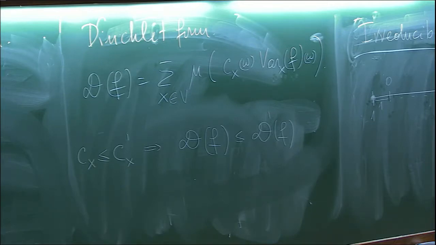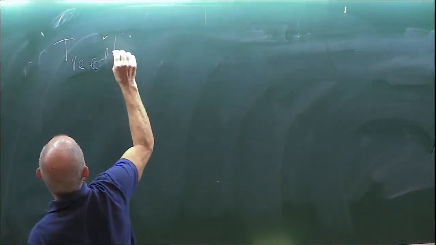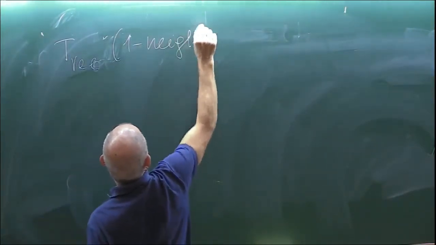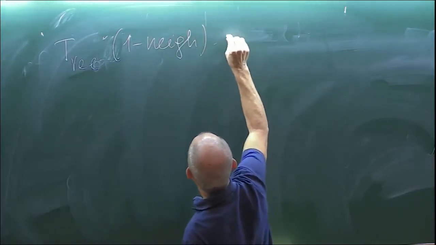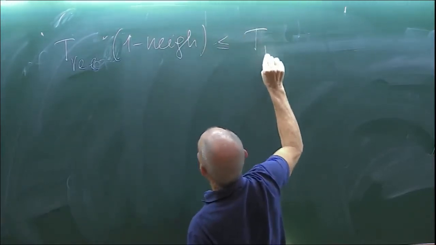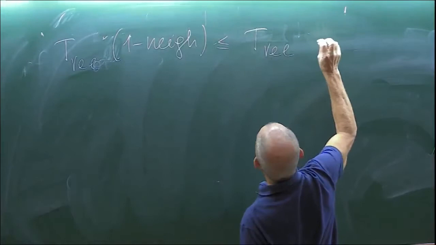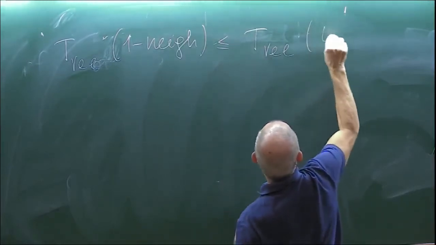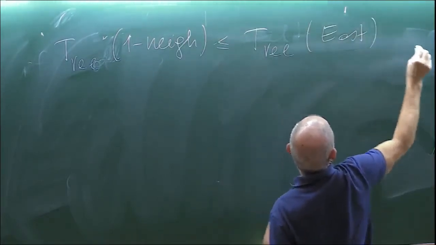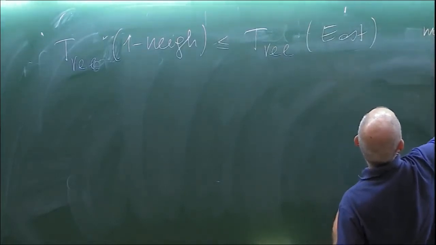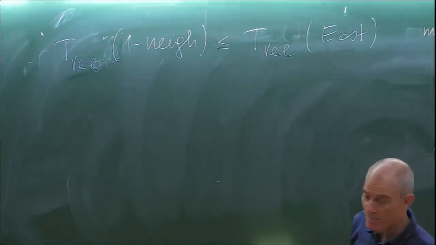For example, the relaxation time of the one neighbor model is certainly less or equal than the relaxation time of the east model in one dimension, okay?